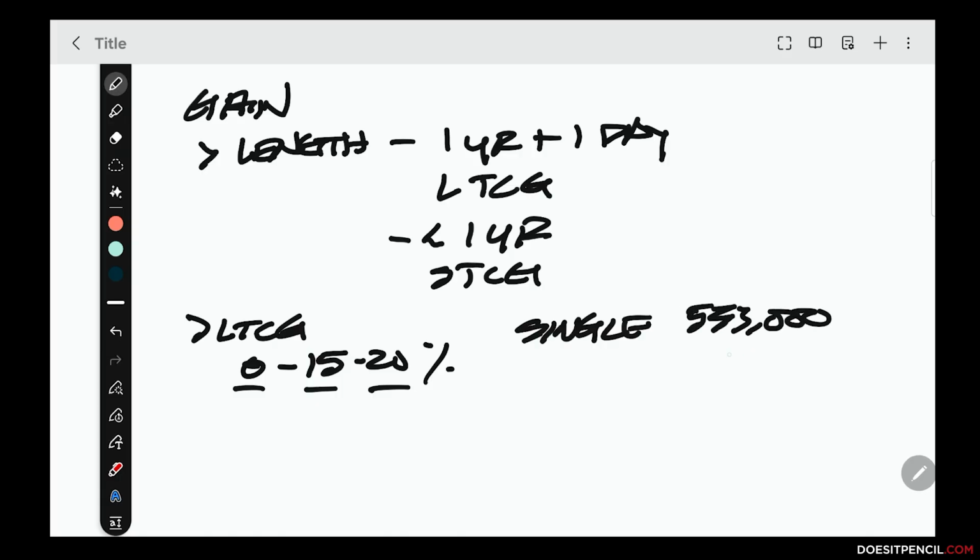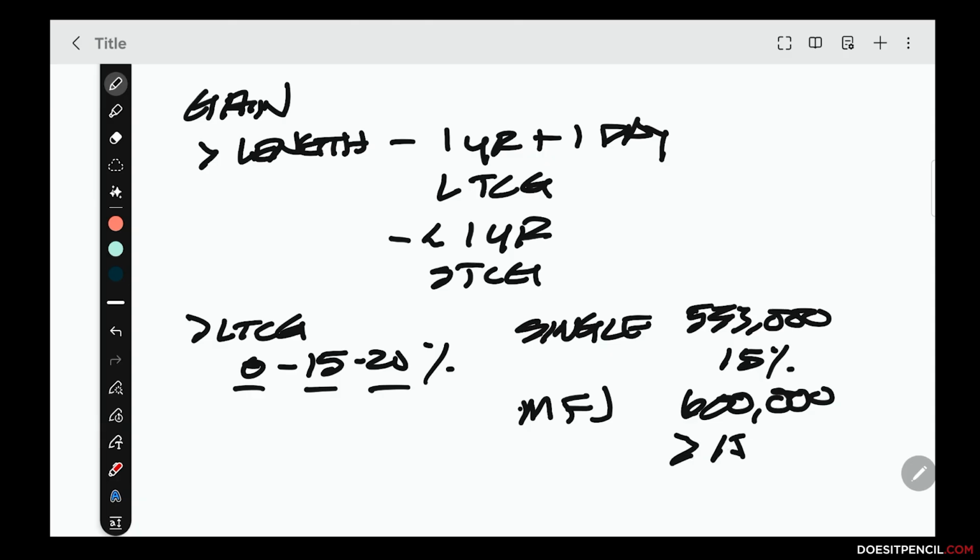So if you're under this, you're still going to pay at 15%. If you're MFJ, married filing jointly, you don't kick into the 20% bracket until you make about $600,000. So anything less than this, you're at 15%. Over, you're at 20.